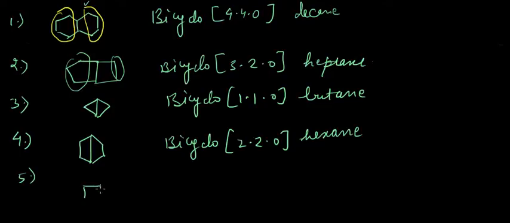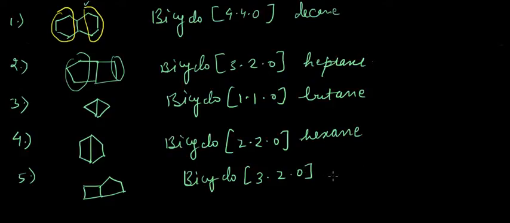Let's have a look at this. So for this we have the name as bicyclo 3.2.0 heptane.